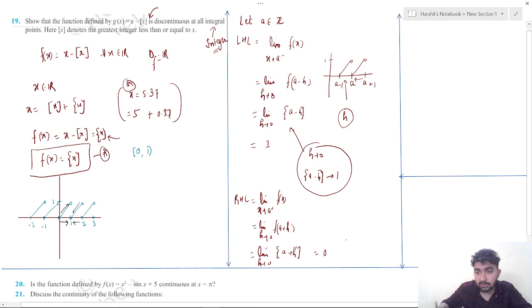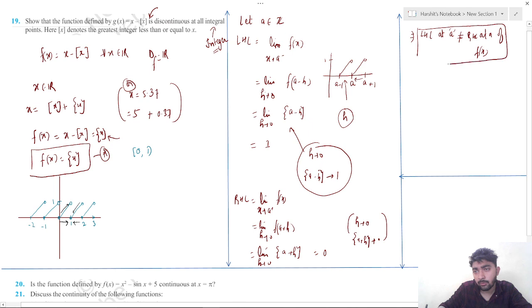As h moves towards 0, the fractional part of a plus h is moving towards 0 also. So it implies that LHL at a is not equal to RHL at a of f of x. I hope you understand.